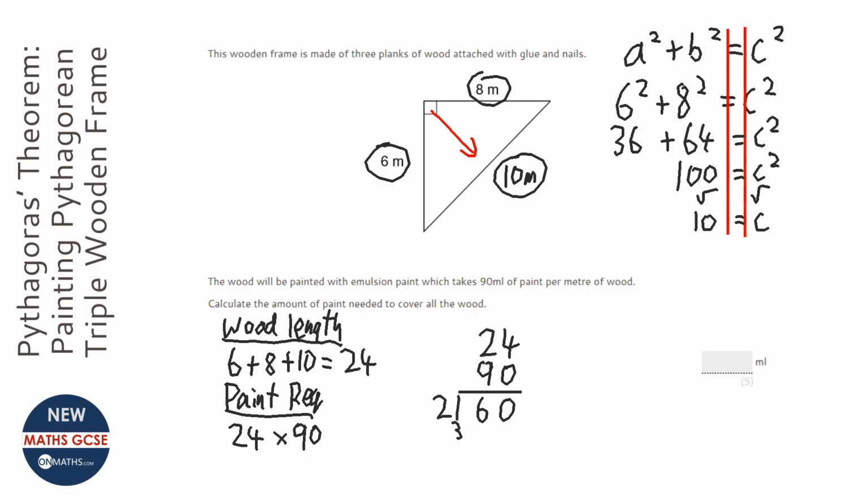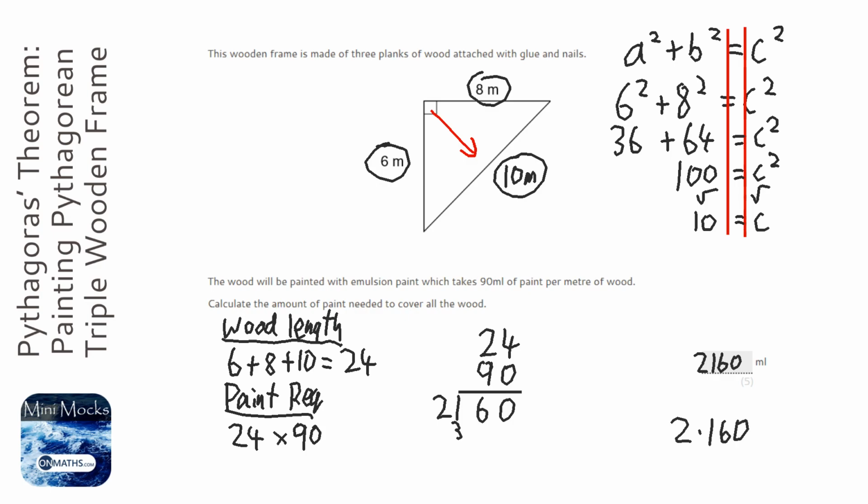And what we could have done is 9 times 24 and just added a 0 onto the end of it. There's loads of different ways of doing these things. So it would be 2,160 millilitres. If you ask this in litres it would be 2.160 litres. Because there's 1,000 millilitres in a litre.